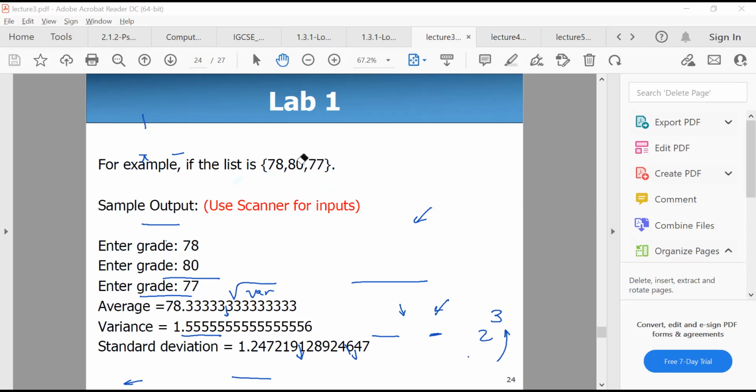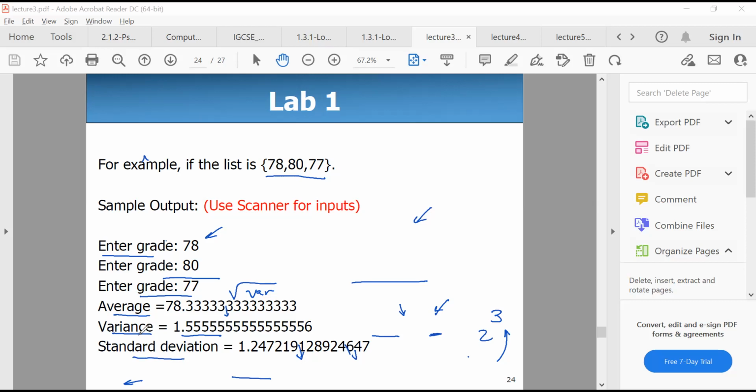The list here is 3 numbers: 78, 80, 77. It will ask you to enter the grades, so you enter 3 grades here. You make the code to take the grades using the scanner object, and then you get the average, and then the variance, and then the standard deviation.